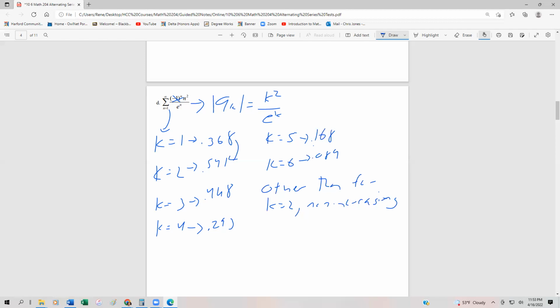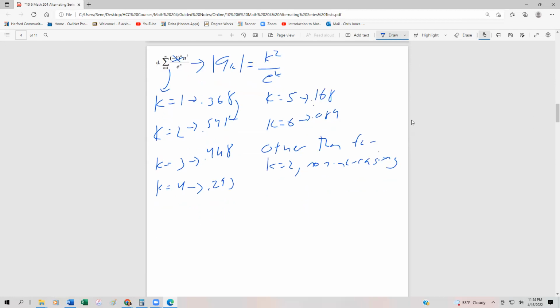All right, and of course, we really care about what's happening over infinity, not just that one little term there. So it's okay if maybe one term is increasing, as long as it goes down for all terms after that, then it's going to be okay.